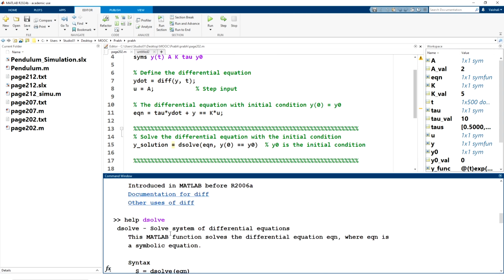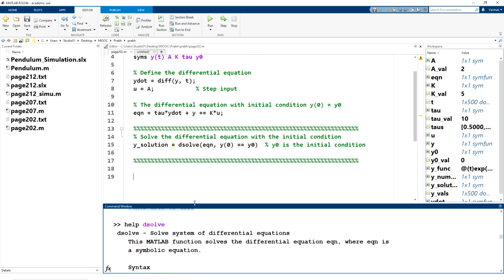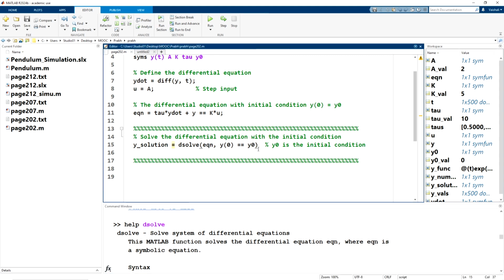Solves the system of differential equation. This function solves the differential equation where equation is a symbolic equation. So I have removed semicolon here. I just want to show here what is the solution of this differential equation.